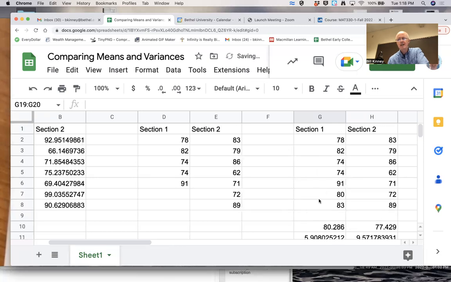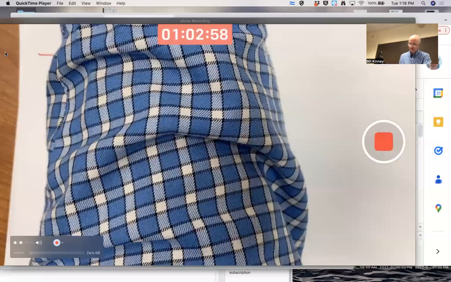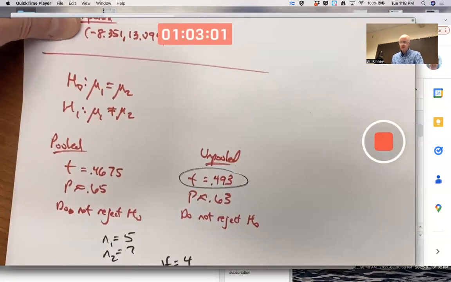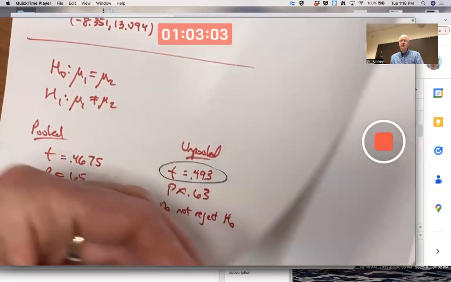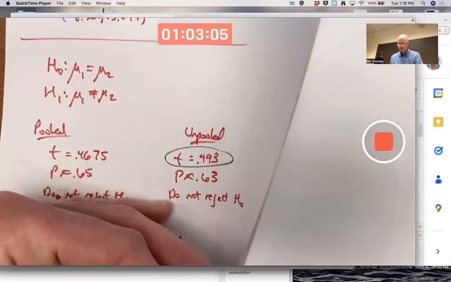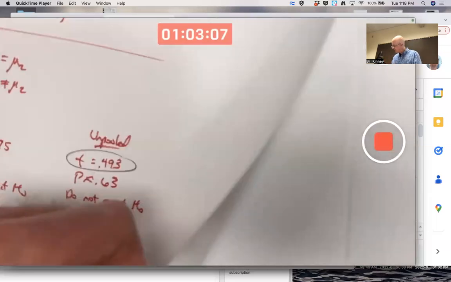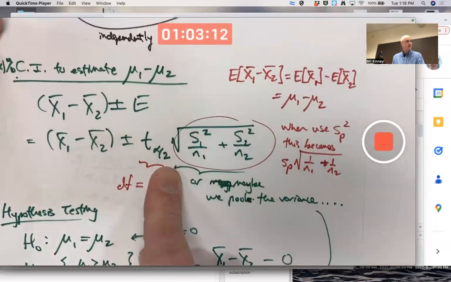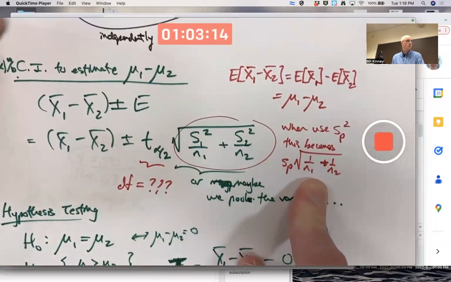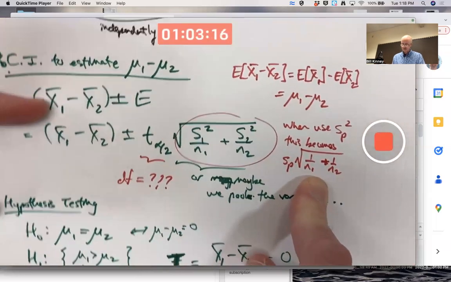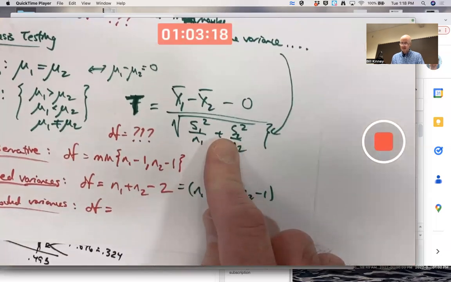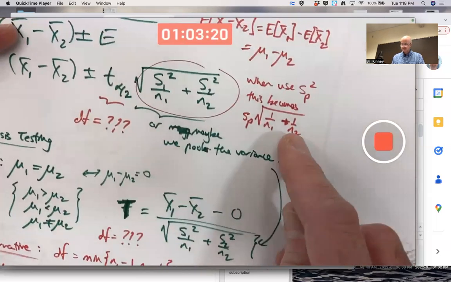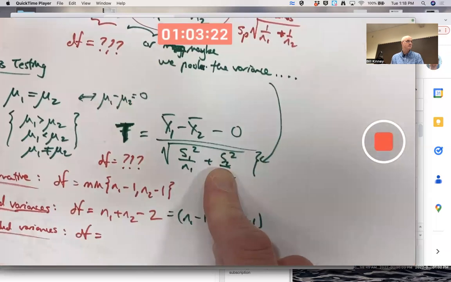So I'm showing you how to do this kind of stuff with technology, calculator and spreadsheet today. But you should make sure on the homework that you practice with these formulas too. This one with the confidence interval, substitute that when you pool. This one with the hypothesis testing, substitute this for that when you pool.